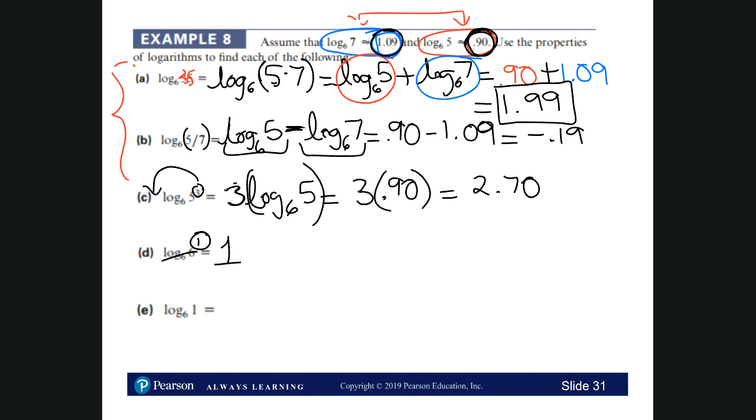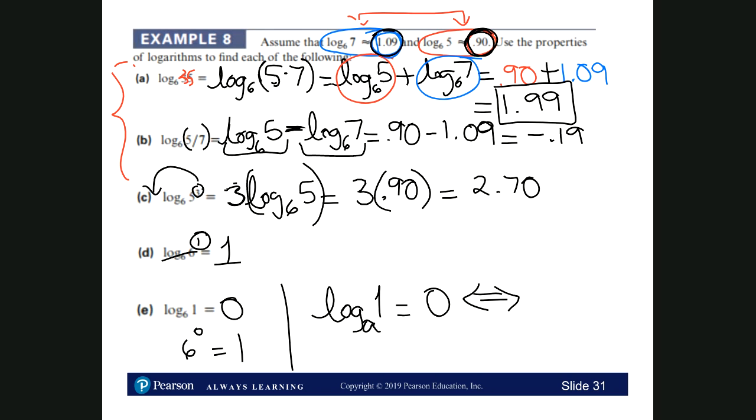For the last one, we have that the log of 1 base 6, that is equal to 0 because 6 to the power 0 is equal to 1. And in fact, the log of 1 of any base will always be equal to 0, because if we turn that into an exponential expression, it will be a to the power 0 is equal to 1.